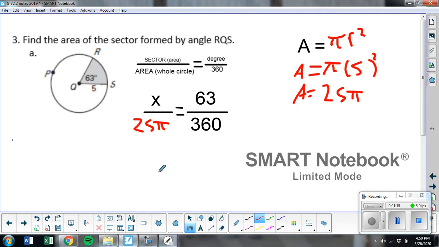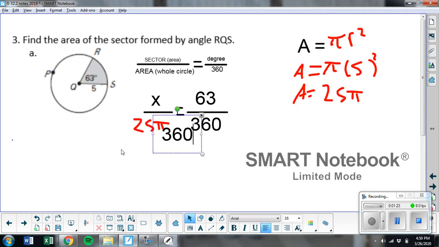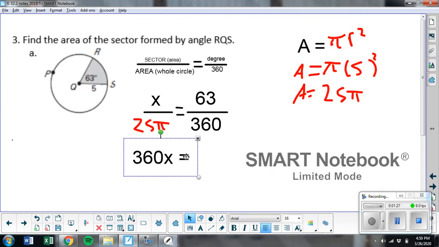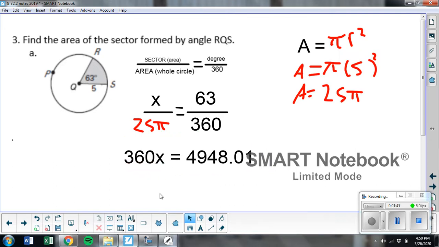Okay, go ahead and let's do some cross multiplying. Divide by 360.